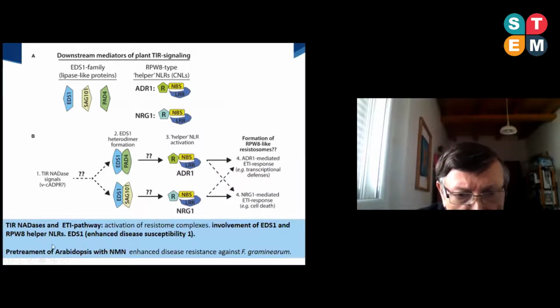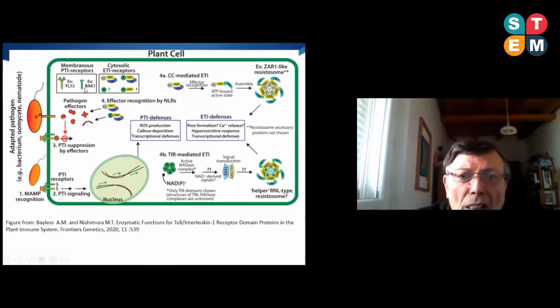So it is important to know that when we pre-treat Arabidopsis plants with nicotinamide mononucleotide, it shows increased resistance to Fusarium graminearum. And this is, again, the formation of the two types of resistosomes that activate immune defense.